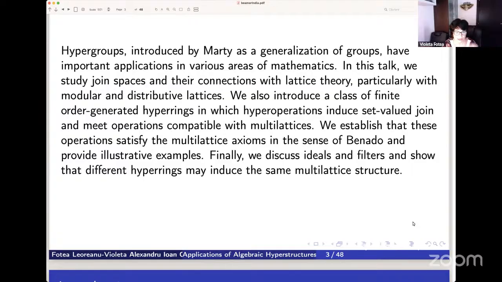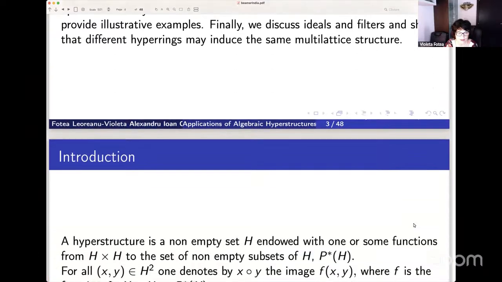These connections were established starting from the multi-lattice axioms in the Benado sense, and we also provide some illustrative examples. Finally, I shall present some ideals and filters and show how different hyperrings may induce the same multi-lattice structure.